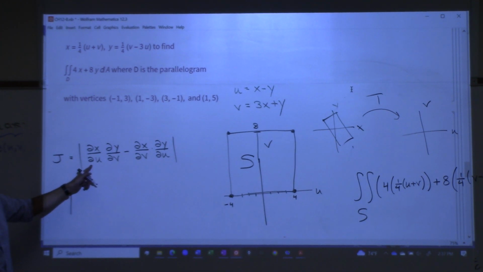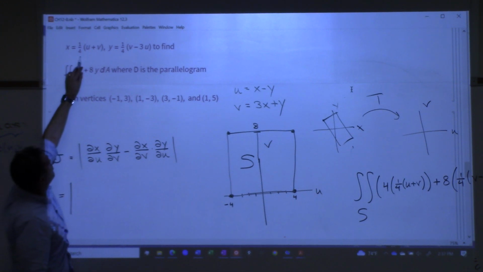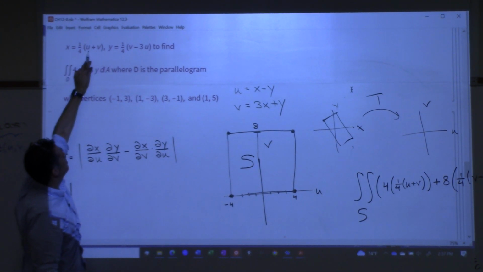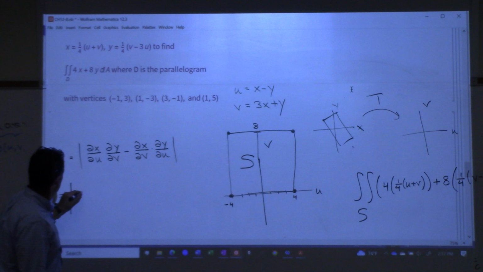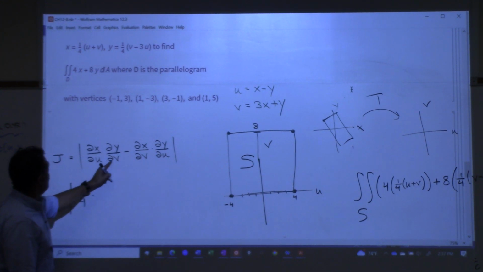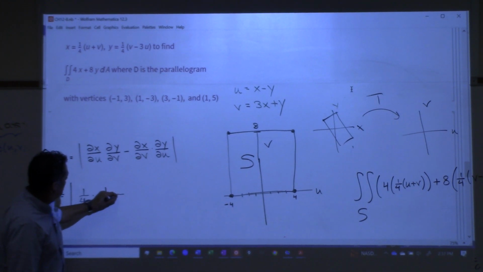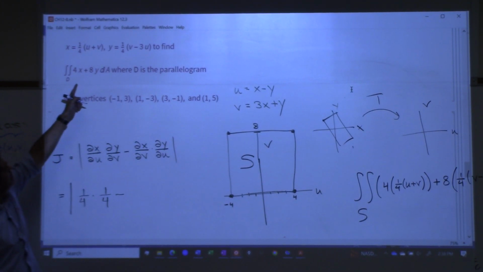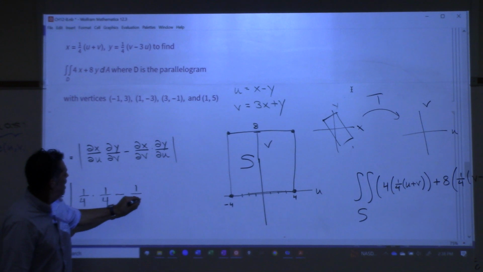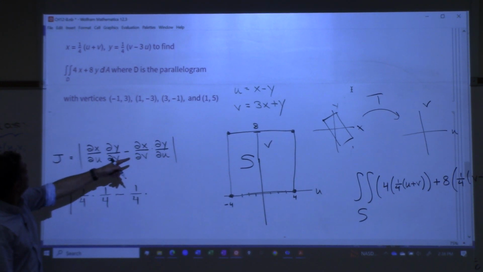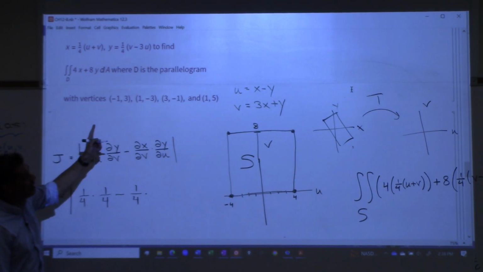Okay, what is this? 1/4, because the 1/4, just ignore it. Take the derivative of u plus v with respect to u. It's just 1, so you get 1/4. Partial of y with respect to v, 1/4 as well. Minus partial of x with respect to v, 1/4, and then partial of y with respect to u, -3/4.